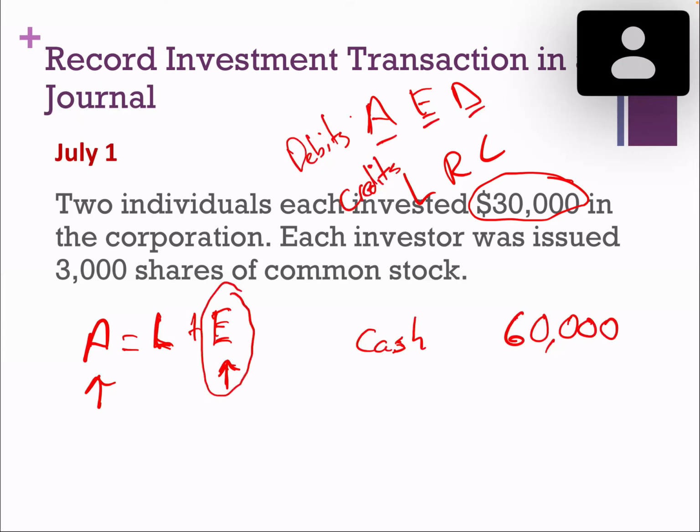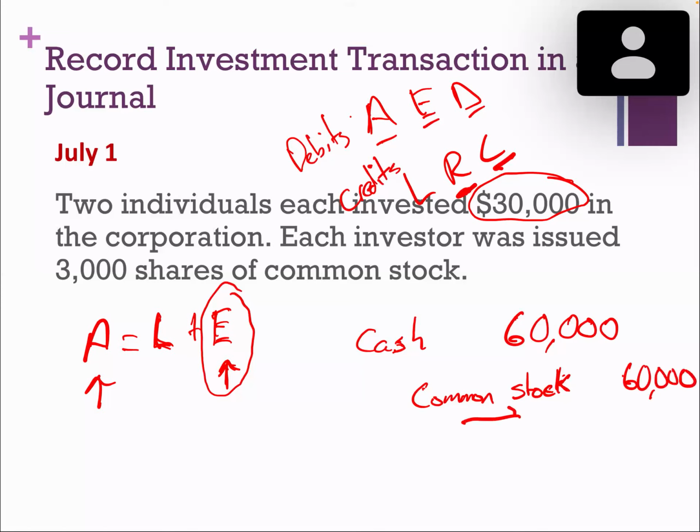Remember, we can either credit common stock or we can credit revenue. Well, it's not revenue. We didn't do any work, right? We just issued stock. And so common stock. On the test, you can just abbreviate that CS. Common stock is credited.